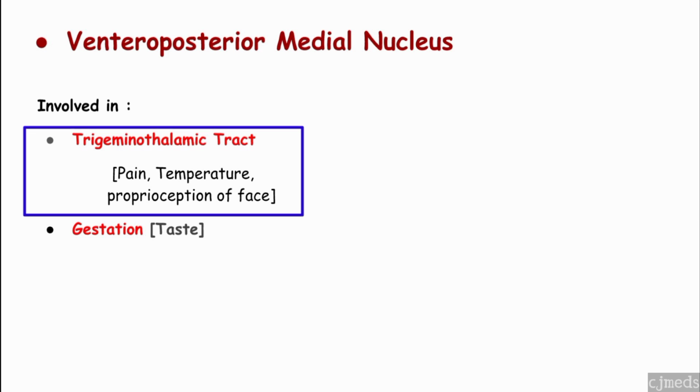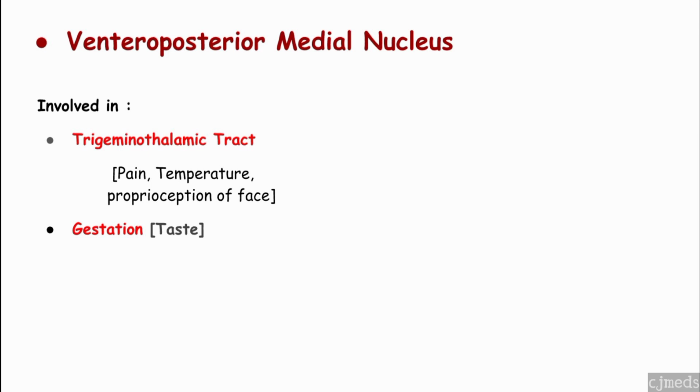One, it receives information from the trigeminothalamic tract. The trigeminothalamic tract picks up information from the face about pain, temperature, proprioception, all of that information of the face. The other type of sensation that it picks up is gustation. Gustation is the taste sense. So two types of sense: taste, and pain, temperature, proprioception from the face.